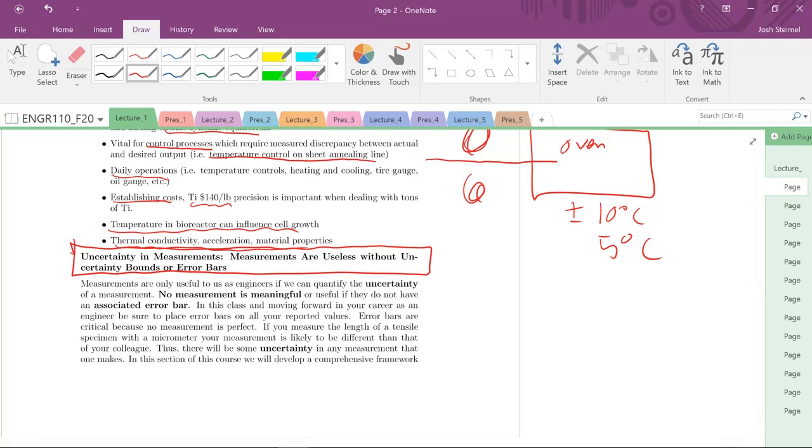We need to know the uncertainty, because no one can measure a value, get the same value every single time, and then give it to another person and have them measure that exact same thing. So when we make a measurement, we need to understand what our uncertainty is, what our error bars are. In this course, in every presentation and every report that you present, every measurement should have an error bar. Otherwise, I will be a little bit upset.